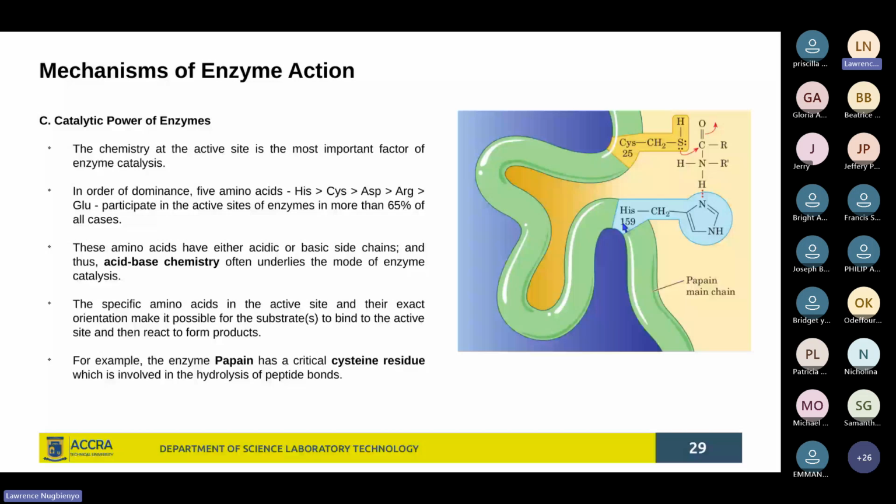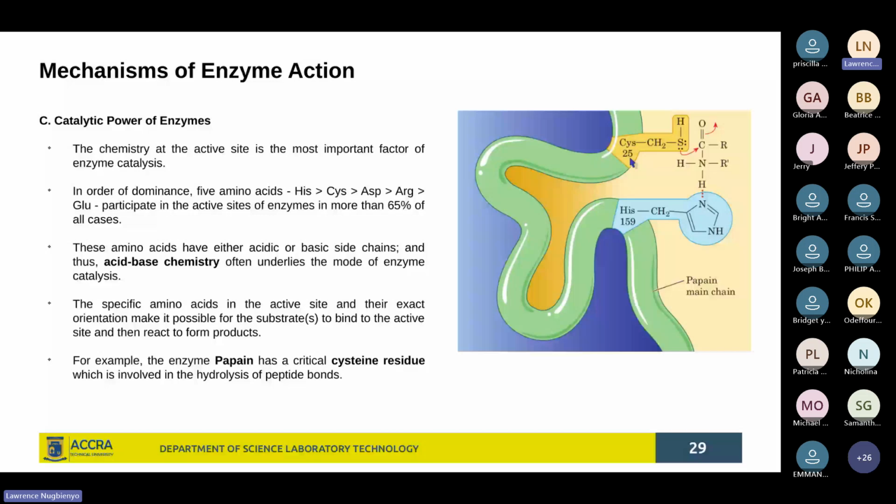Similarly, cysteine is found at the 25th position. So the molecule actually starts from the top all the way down, because cysteine is at 25th position and then histidine is at 159th position.